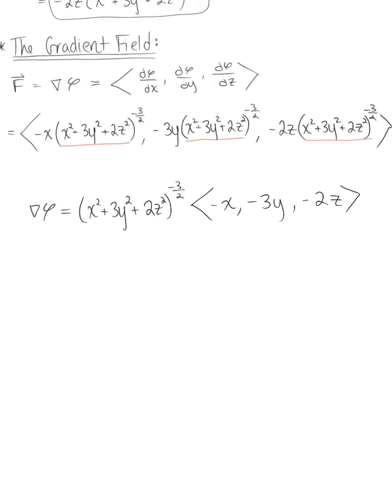And you can play around with different forms of this answer. We could pull the negative out. We could make that exponent positive. I leave it up to you to have fun with your final answer. And here is mine.